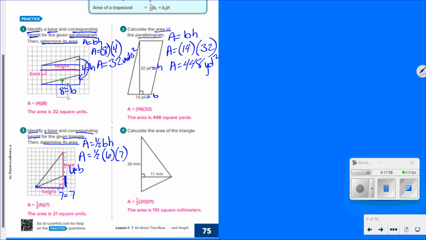Let's use that even number and divide by 2, because that's really what timesing by a half is, right? So half of 6 is 3. So it's 3 multiplied by 7. What's 3 multiplied by 7? 21. 21 what? It's going to be units squared.